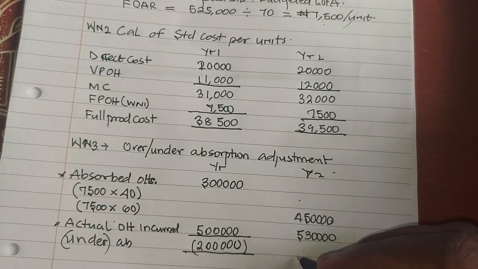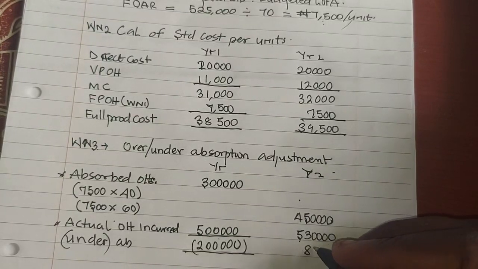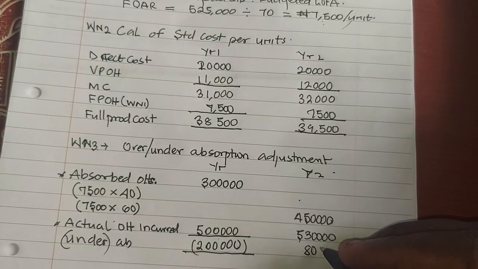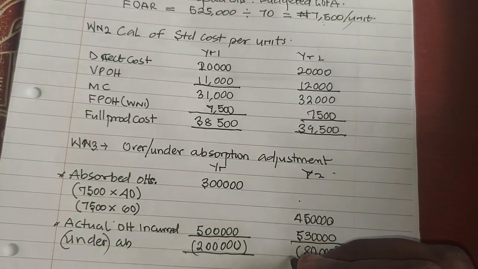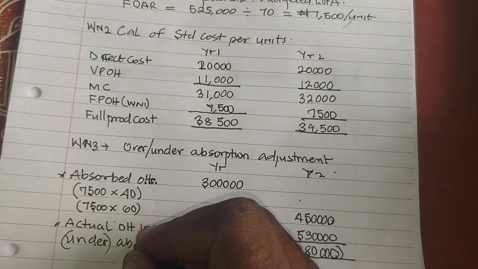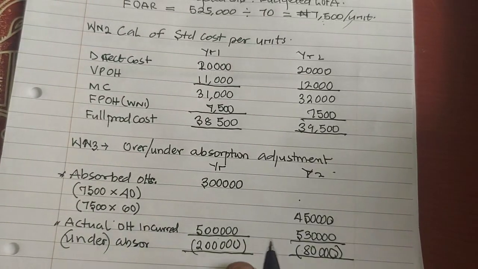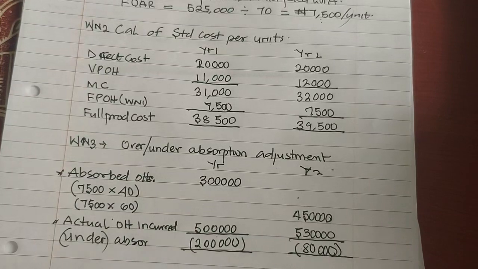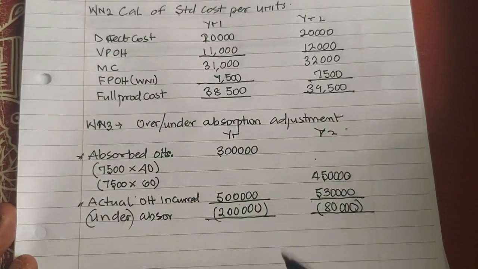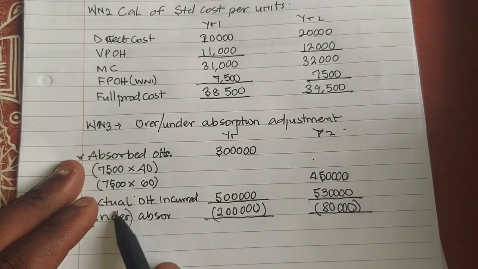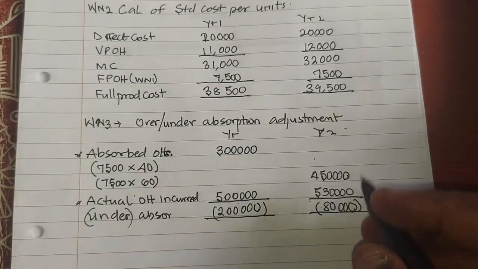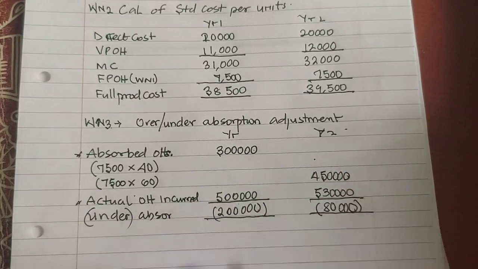So when you subtract this, we have 80,000 under absorbed. All right, so under absorption. But if your answer is positive, it means that is over absorption. This is what you have actually charged, but look at the actual overhead incurred. So you must have gotten this in your working note 3.